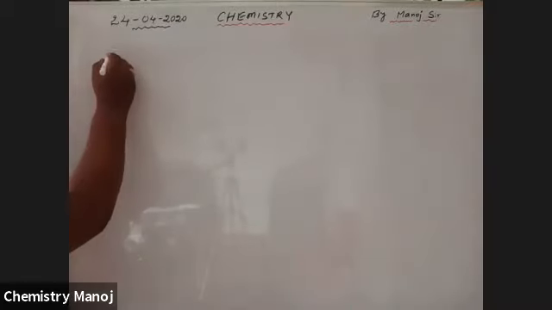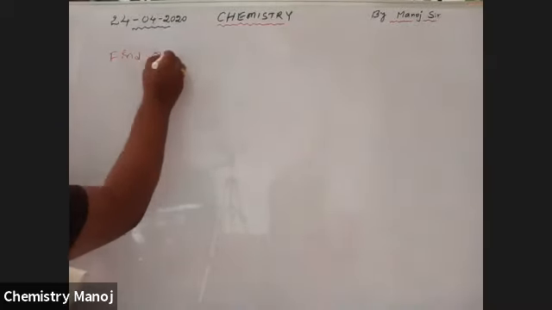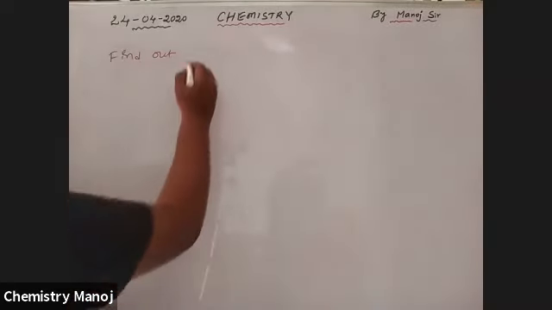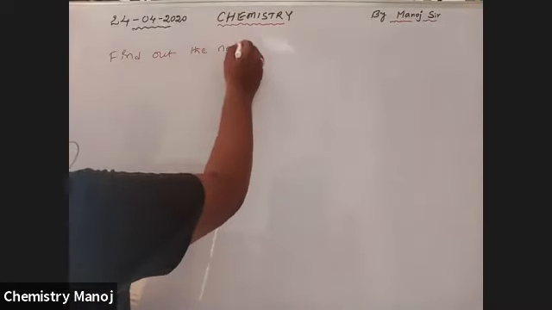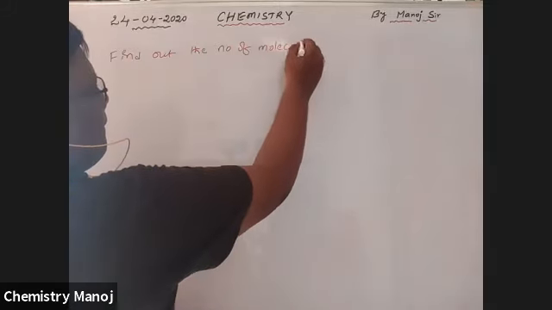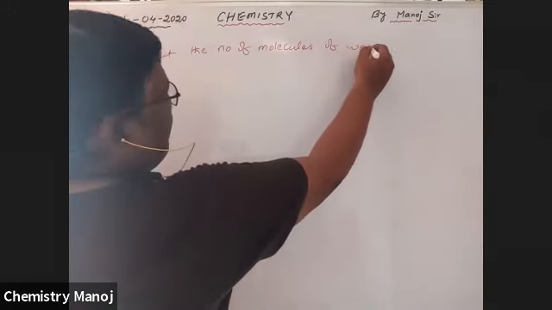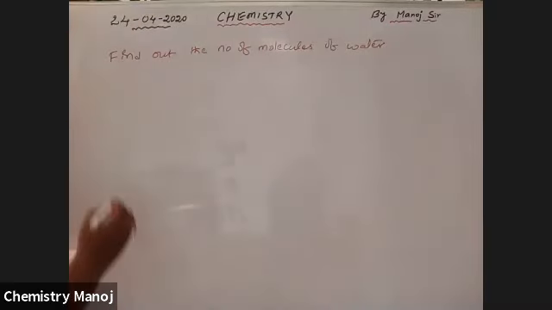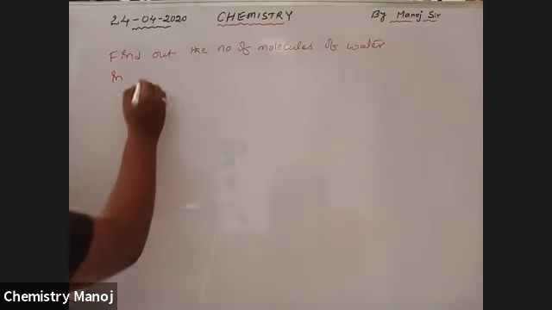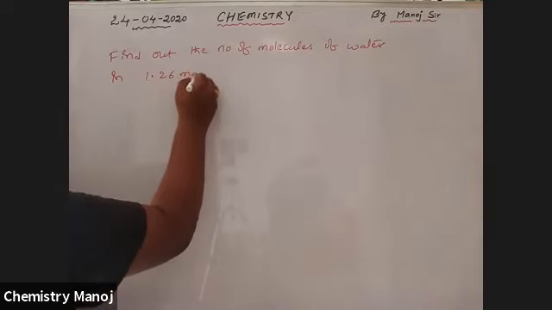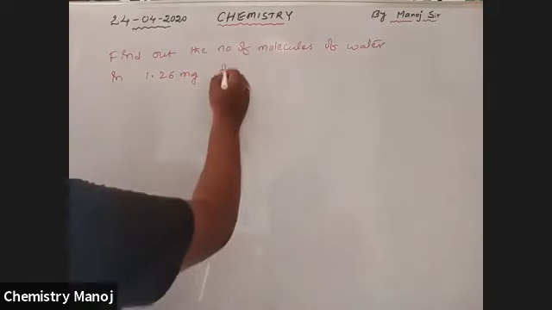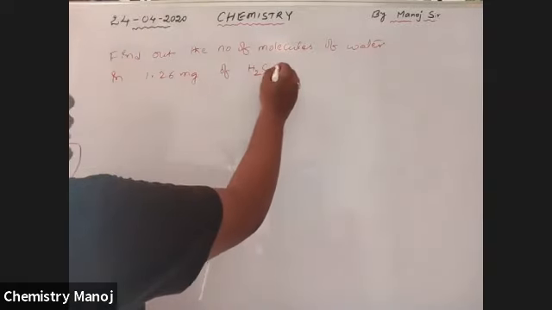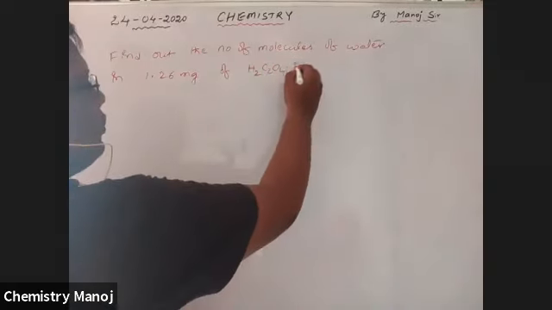Next one. Find out the number of molecules of water in 1.26 milligrams of H2C2O4·2H2O.